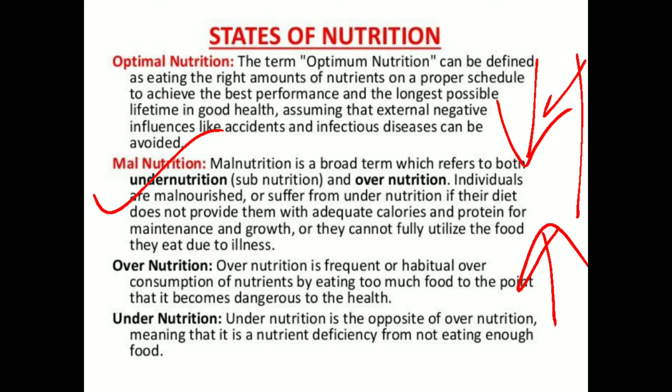The most common problem in India, because India is a developing country, is anemia, basically in adolescent girls. What is anemia, and what kind of anemic problem are we having? That is basically iron deficiency anemia. So it comes under undernutrition.